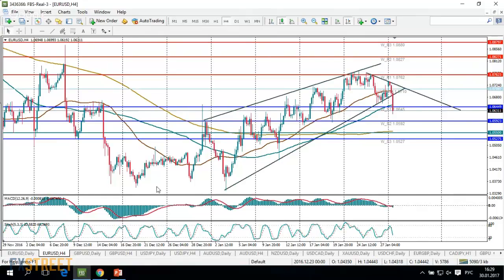So watch comments of Draghi, watch the data releases, and also, of course, the US dollar side of things will be important. If we are expecting that the US dollar index will try to test higher levels this week, then it's pretty logical to assume that the euro dollar in its turn will try to test lower levels. So the picture is more or less complete here as we are talking about the euro dollar.